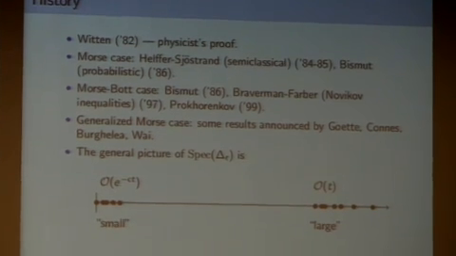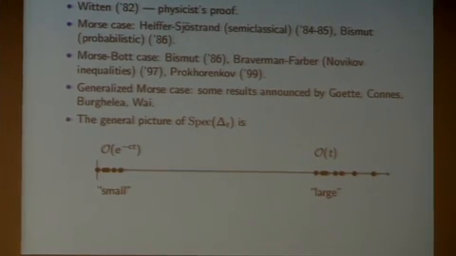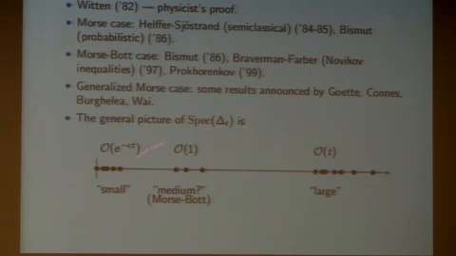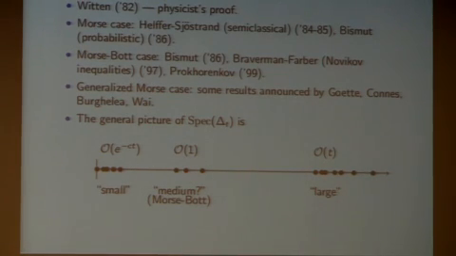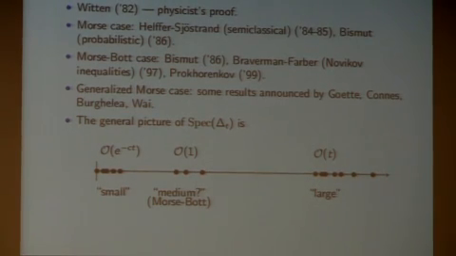Let me just tell you what the picture is in these generalized cases. So this is the picture in the classical Morse case. In the Morse-Bott case, the large eigenvalues are actually order 1. They stick around, so I'm inclined to call these medium eigenvalues. But again, you can still distinguish them from the small eigenvalues, which are rapidly approaching 0.